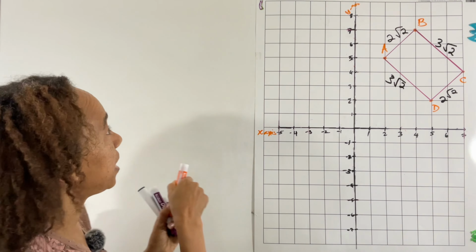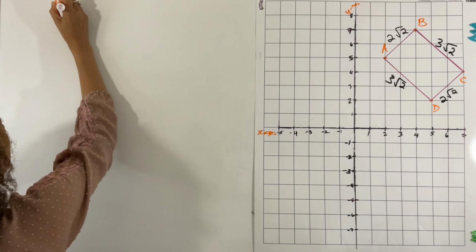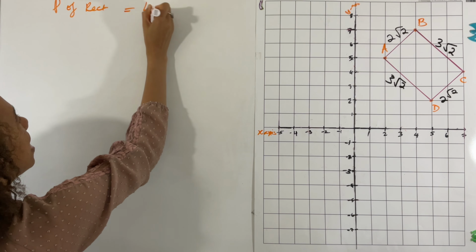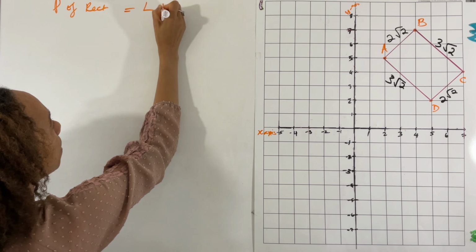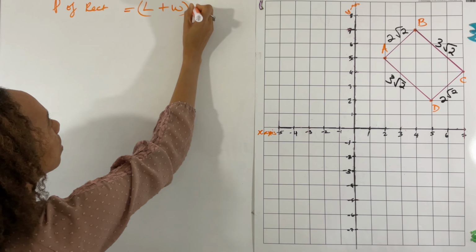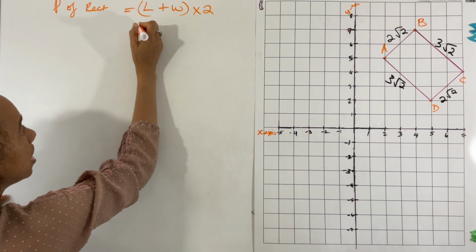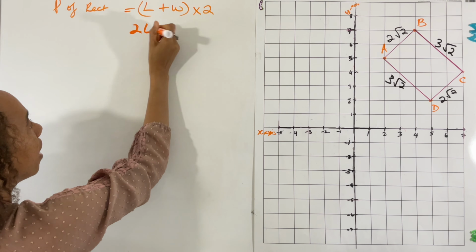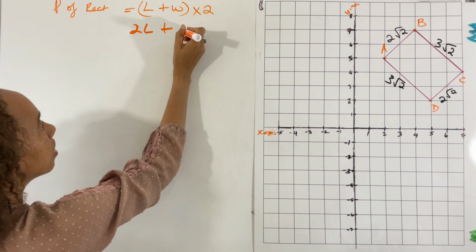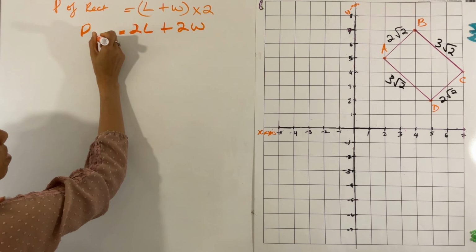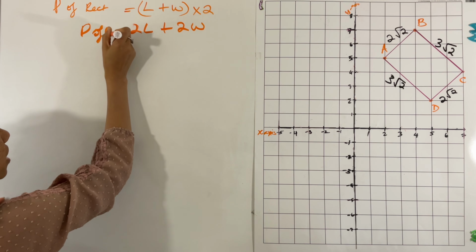Or we can simply say the perimeter of a rectangle is the length plus the width times 2. Or you can say 2L, which is the length, plus 2W, the width. Either one is going to be fine for a rectangle.